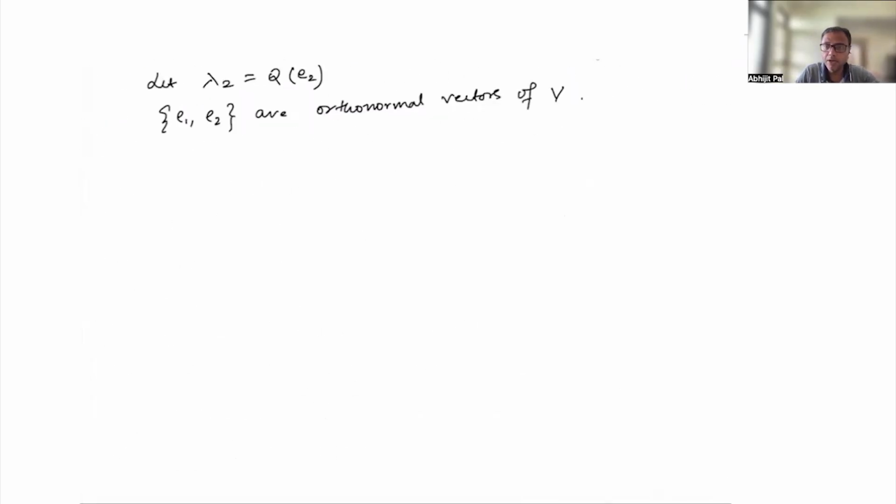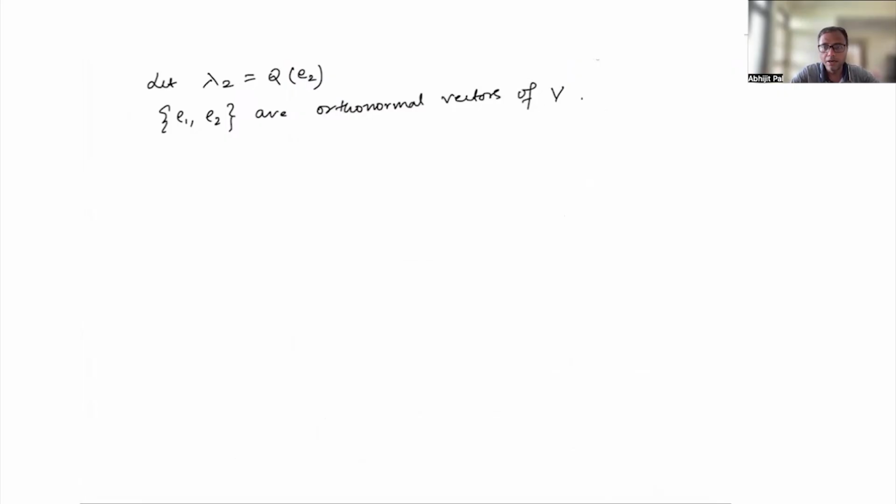Okay, so this E1 and E2 are orthonormal vectors of P. If I take the linear span of E1 and E2, the subspace will be of dimension 2, and dimension of B is equal to 2.